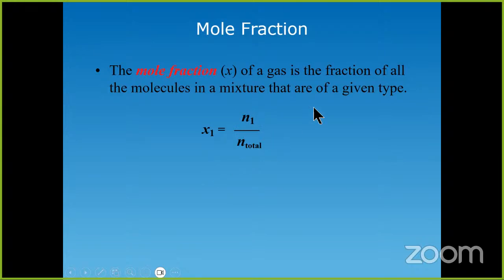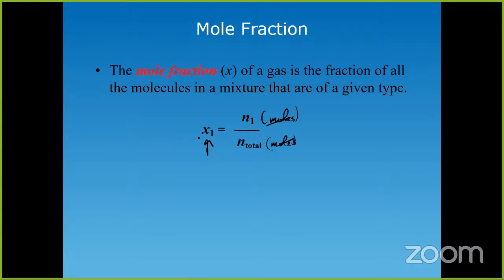One key thing you need to recognize about this equation is that the units here are moles and the units here are moles, so they cancel out, which means the mole fraction has no units.